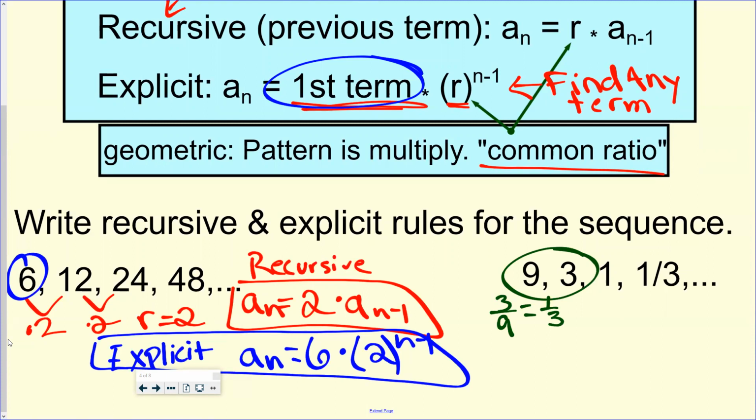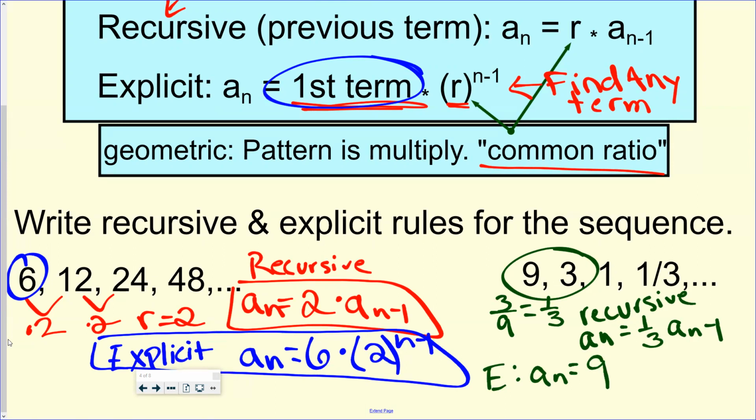So our recursive rule is going to be A_n equals my R, which is 1/3, times A_(n-1). For the explicit, it is A_n equals the first term of 9 times 1/3 to the n minus 1.